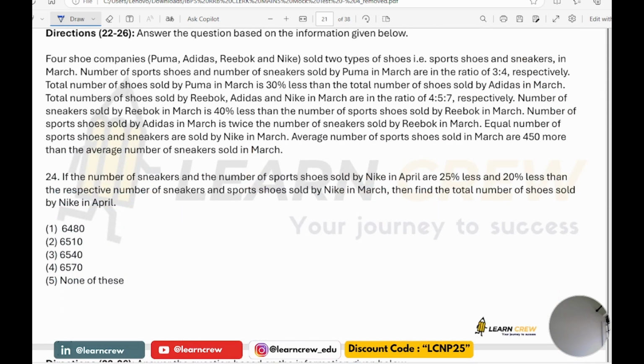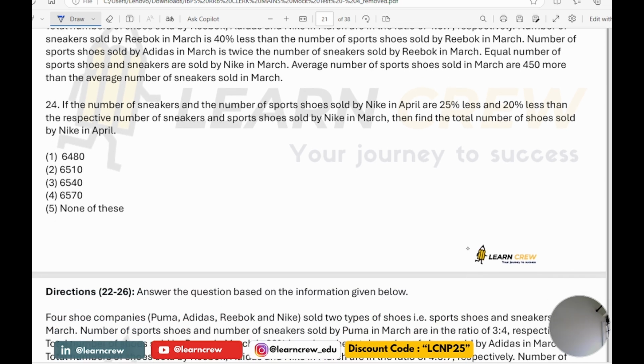5850. Next, if the number of sneakers and number of sports shoes sold by Nike in April are 25% less and 20% less than the respective number of sneakers and sports shoes sold by Nike in March, then find the total number of shoes sold by Nike in April. So if you see here, it is 75% of 4200.